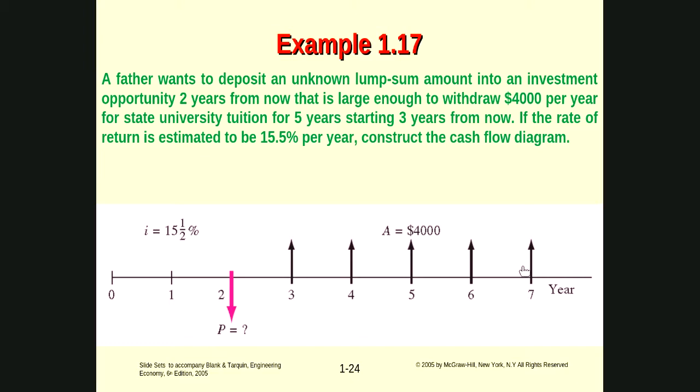From year 3 to year 7. So I put exact arrows, of the same length, and write on them A equal 4,000. That means those arrows from 3 to 7 have the exact amount, which is the 4,000, represented by annual.